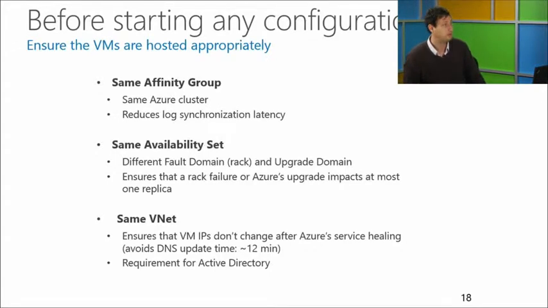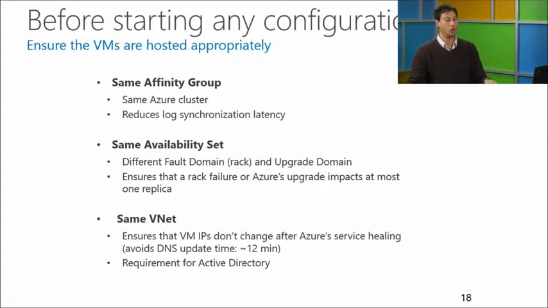Something that is important for people who configure high availability in Windows Azure is you need to make sure that you tell Windows Azure where to allocate these virtual machines. It's important because in this case, the environment is a cloud environment, and you want to make sure that your virtual machines end up in the best possible place.